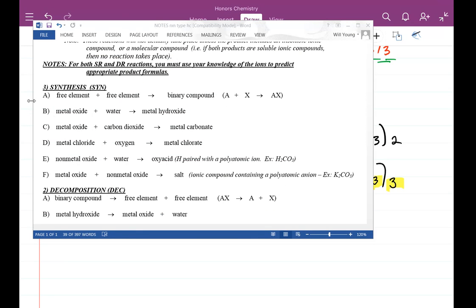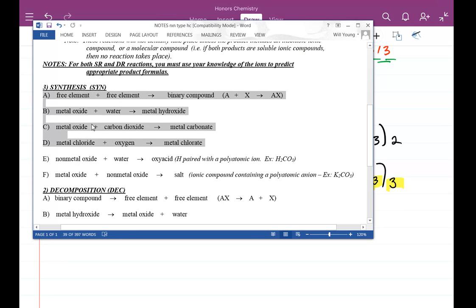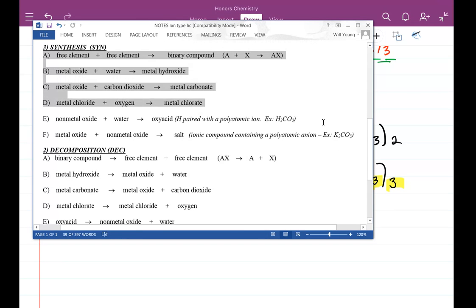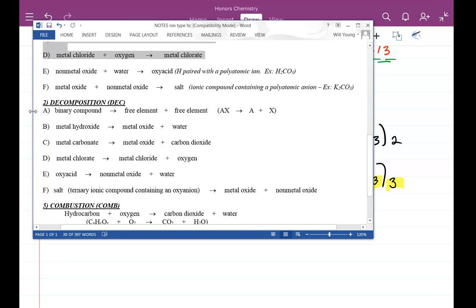Okay, so that is it for A through D under synthesis reactions. Of course, I didn't say this earlier, but synthesis means we're making something. So with synthesis reactions, you're always going to end up with one compound as your product because you're making something out of multiple other things. And A through D, you'll notice, correspond to A through D under decomposition, which is the opposite.